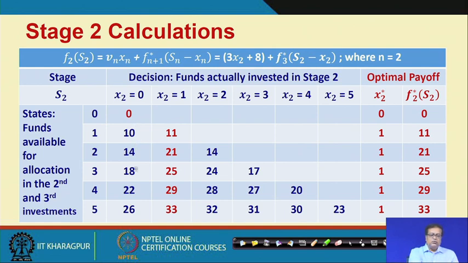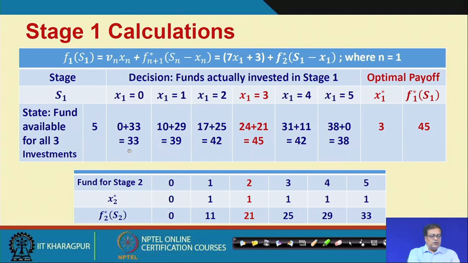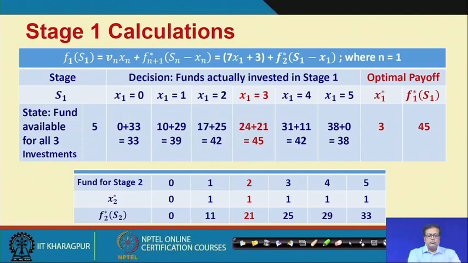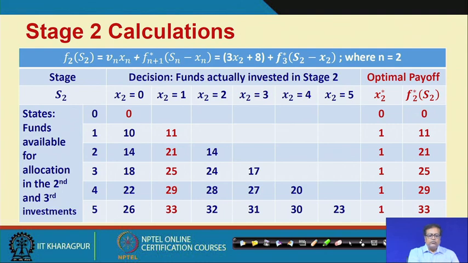Using that you can fill up all the values. For an investment of 2 it should be 14, for an investment of 3 it should be 18, for an investment of 4 it should be 22, and for an investment of 5 it should be 26. So, that is for the no investment.